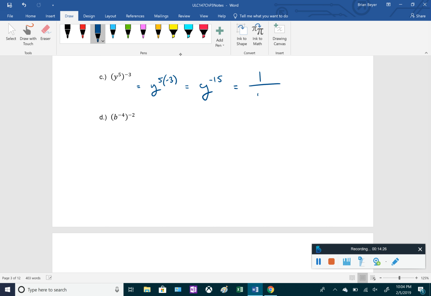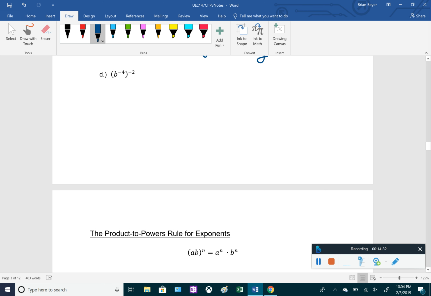Rewrite this with a positive exponent. That's 1 over y to the positive 15. Last one here, we have b to the negative 4, then to the negative 2. So that's power to a power. That's b to the negative 4 times negative 2. Negative 4 times negative 2 is positive 8. So that's b to the 8th.